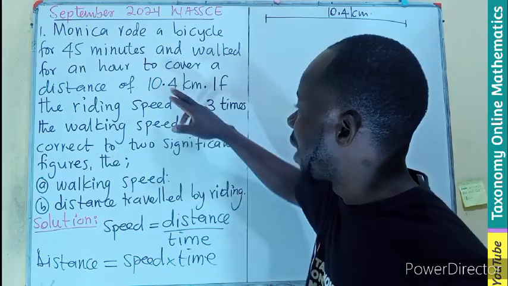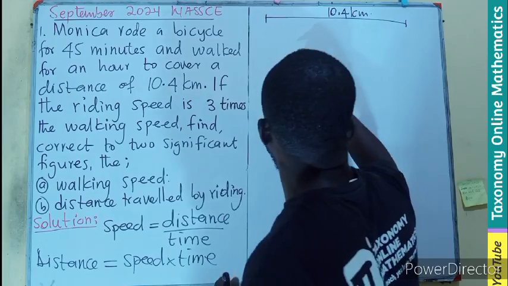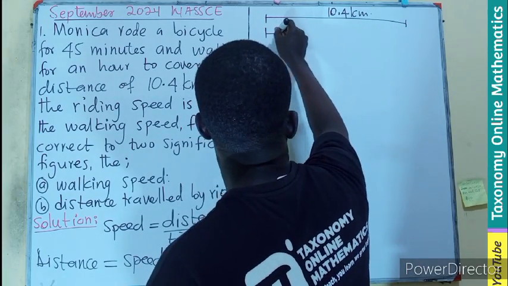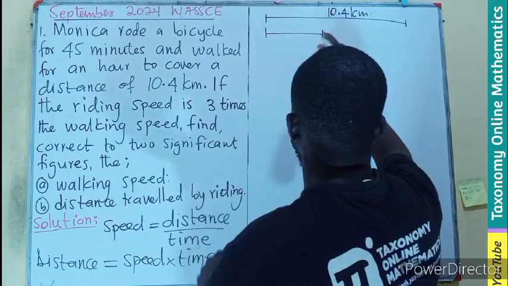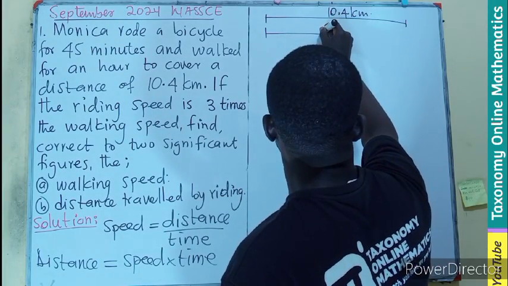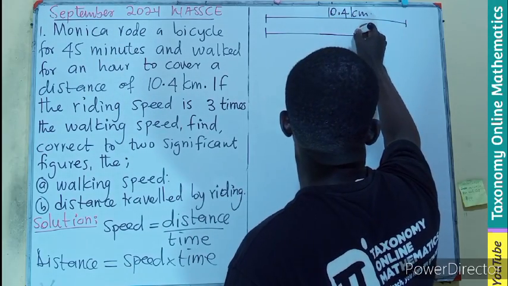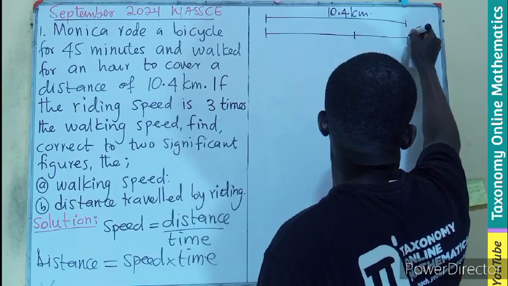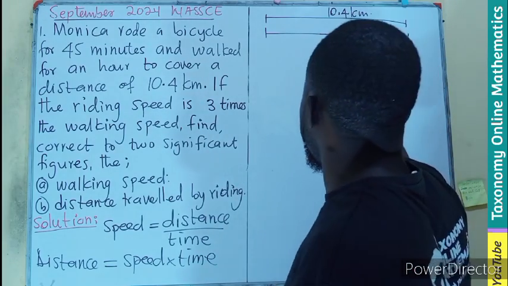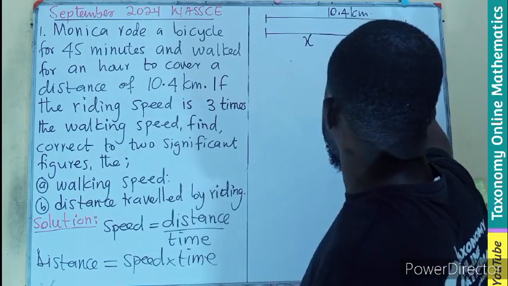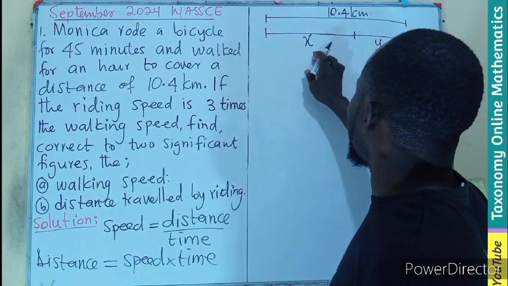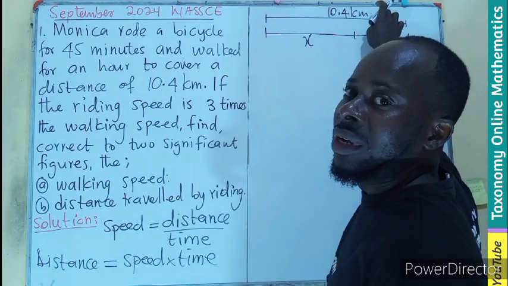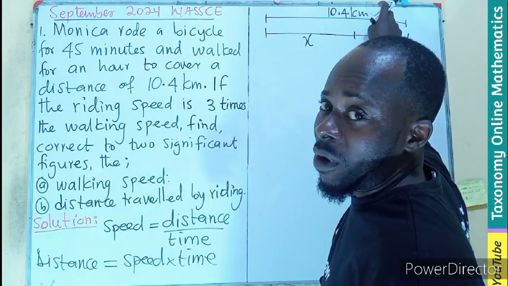Walking. Since we are using an hour, let's just say from here to here is going to be for riding. Anyway, let's be realistic. The riding might be a little bit longer. Then let's pick the other one. So the distance here can be labeled x, and here can be labeled what? Y. So x plus y give rise to the 10.4 kilometers.